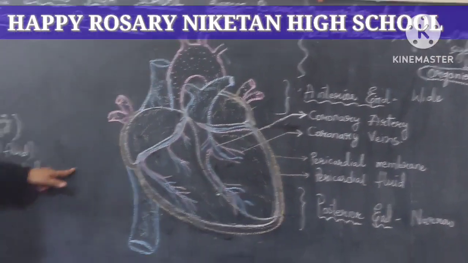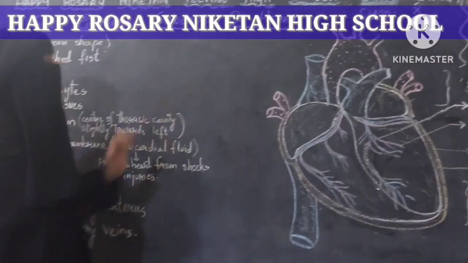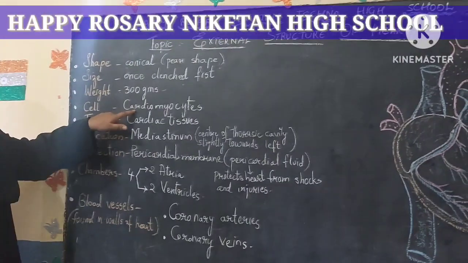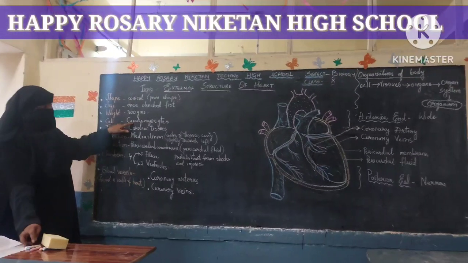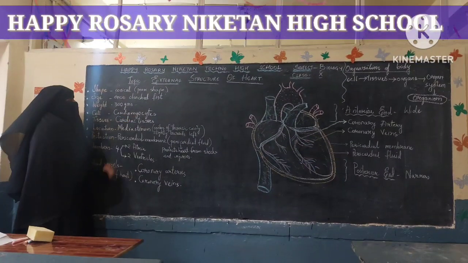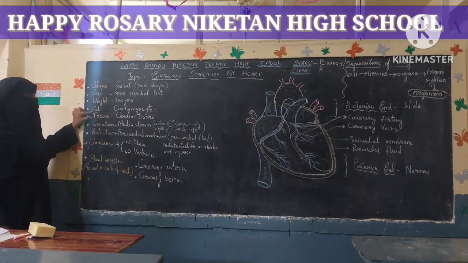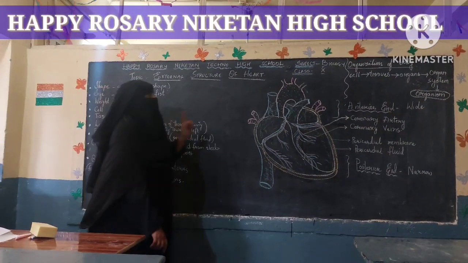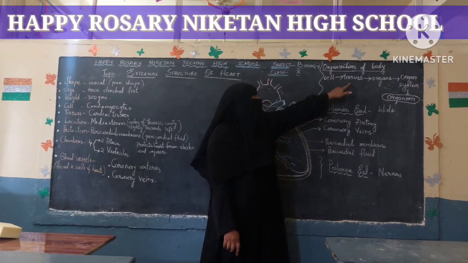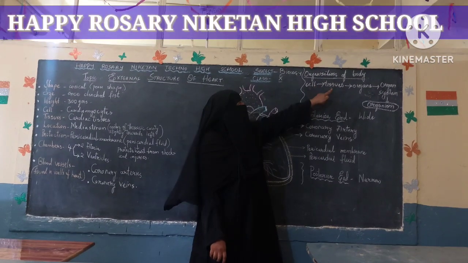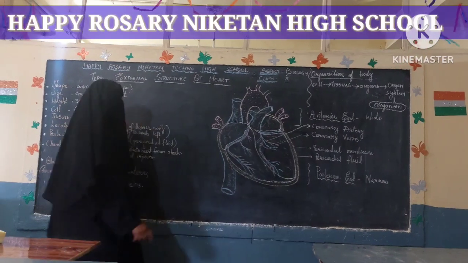So in the organ heart, what are the basic structural cells? They are cardiomyocytes, cardiac cells. Cardiomyocytes are the cells with which the heart is made up of. Cells combine to form tissues, as we know in the organization of the body. So what are the tissues present in the heart?